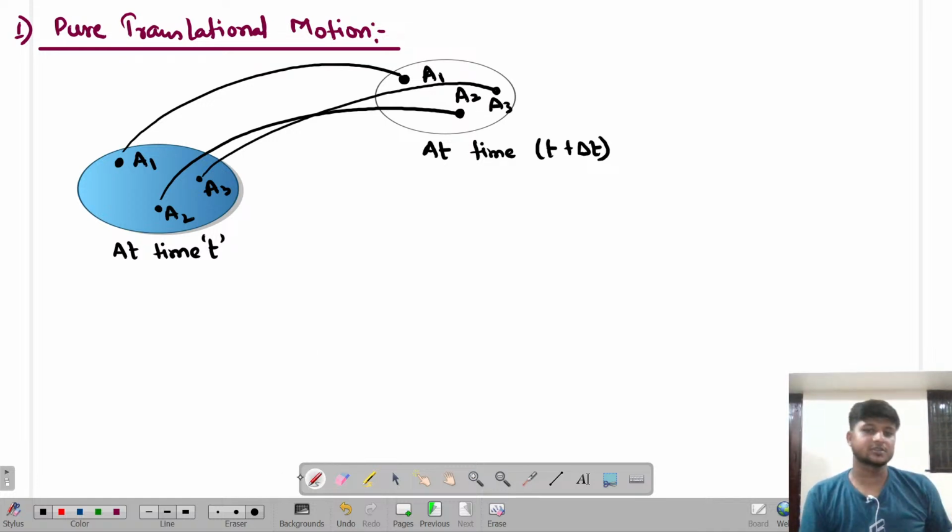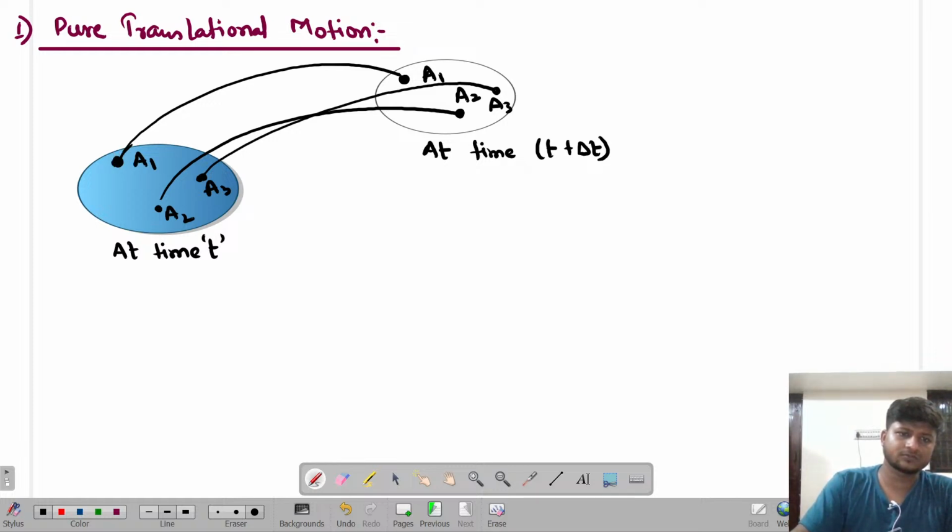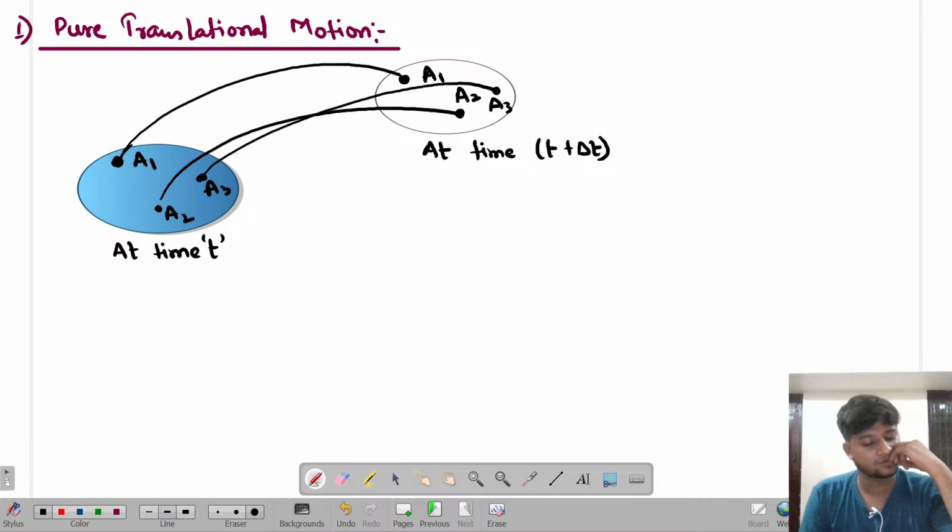What is common in all these three? Location. So are you saying that after some time the location of each particle is changing? Yes or no?